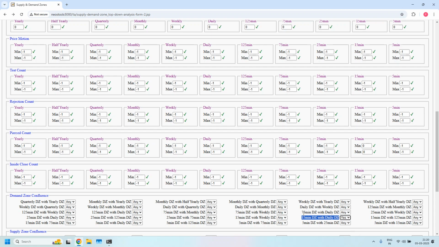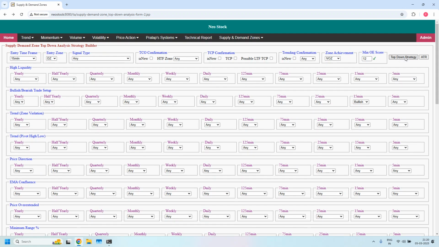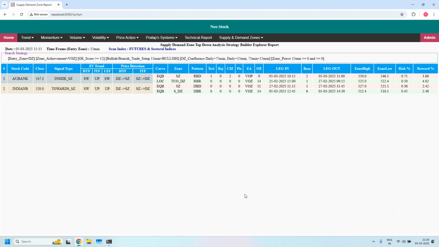And 75 minutes with the daily demand zone confluence. With all the three filters, two stocks we got. LTF, ITF, HTF demand zone confluence: 15 minutes, 75 minutes and daily demand zone confluence. But daily trend is sideways, so I am not checking EMA confluence because it won't give any extra advantage.